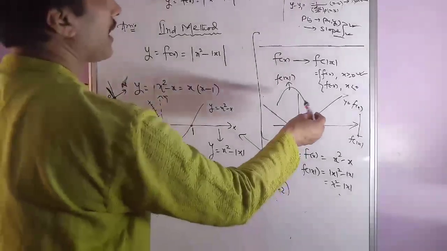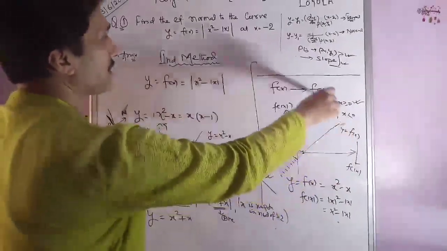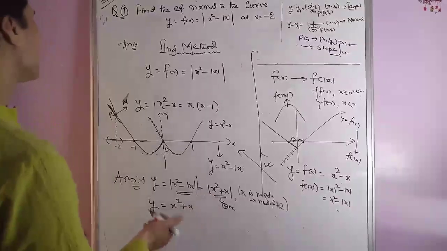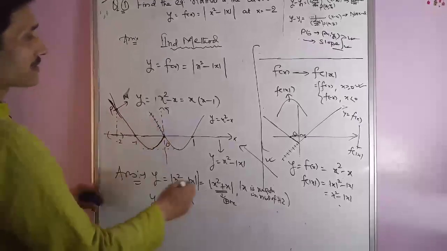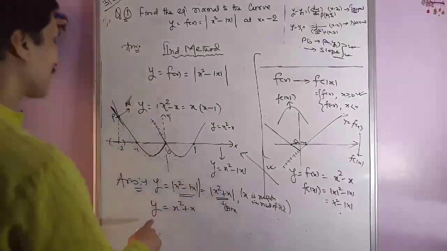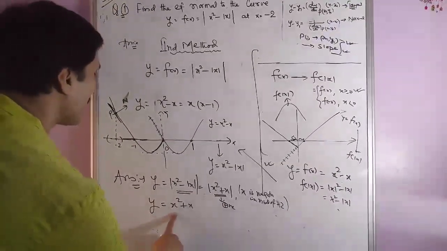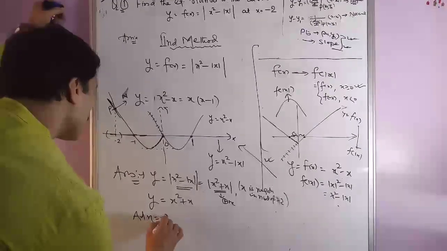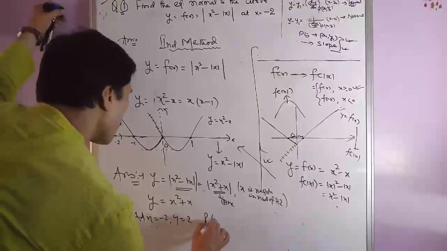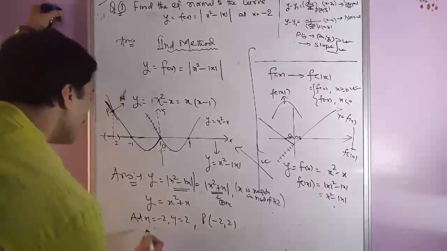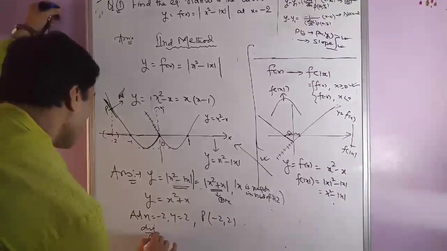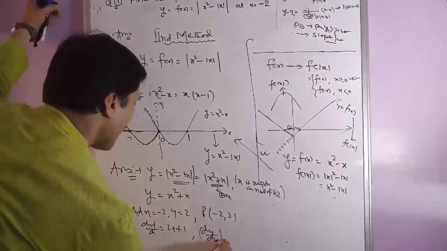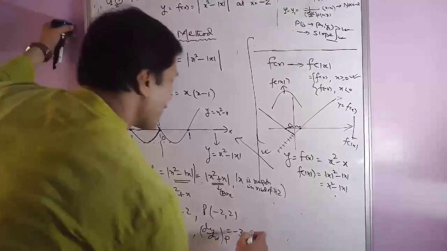If we have the concept of such transformations, we can directly, within seconds, draw the graph of x square minus mod x and conclude the function will be y equal to x square plus x. Clearly at x equal to minus 2, y equal to 2, so the point P is minus 2, 2. dy by dx is 2x plus 1. So dy by dx at P equals minus 3.